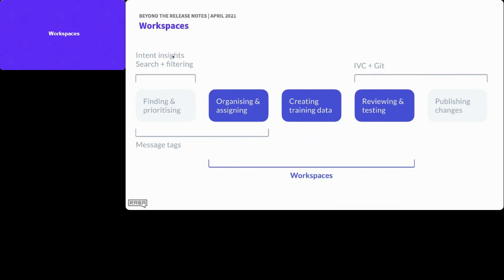Message tags, which we also launched recently, help with that finding and prioritizing, but can also help teams with organizing work and assigning it to each other. Whilst on the other end, when it comes to publishing changes and also reviewing and testing things, integrated version control and Git play a role there.